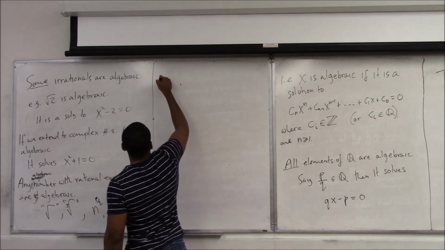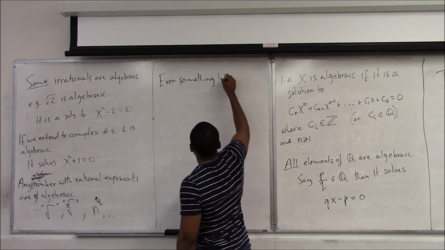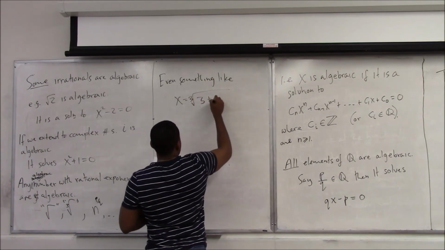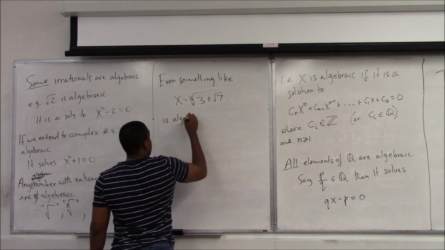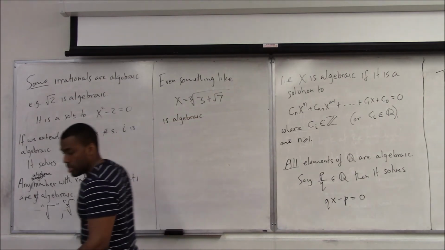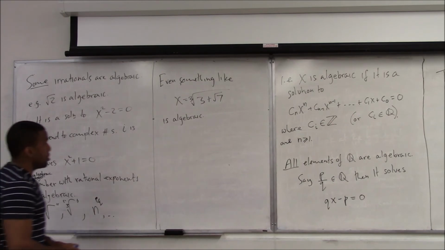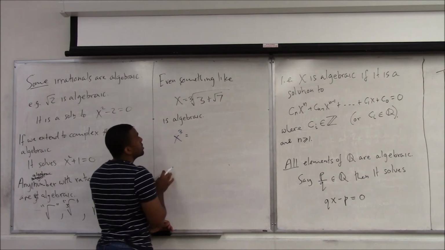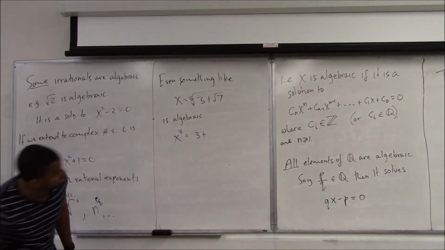Things can be complicated. Even something like taking the number x equals the cube root of 3 plus radical 7 is algebraic. Sometimes to show something's algebraic, you can actually construct a polynomial from it. What I can do is cube both sides, which gives me 3 plus radical 7.